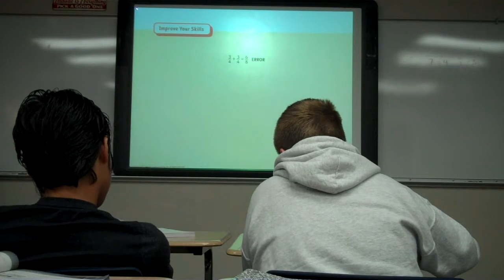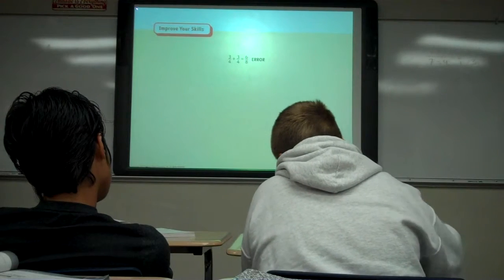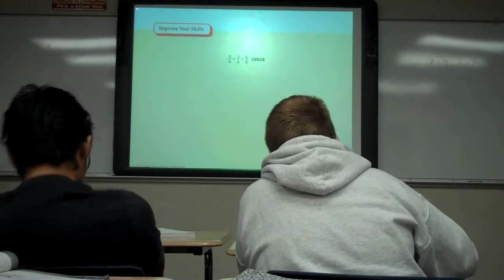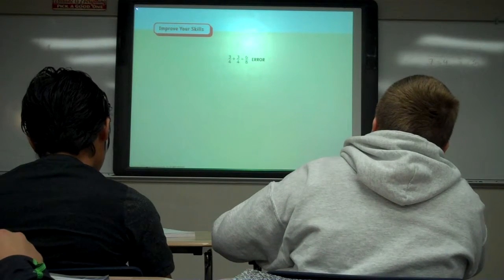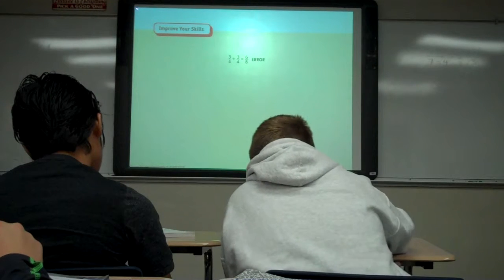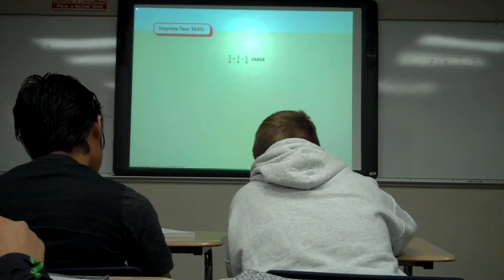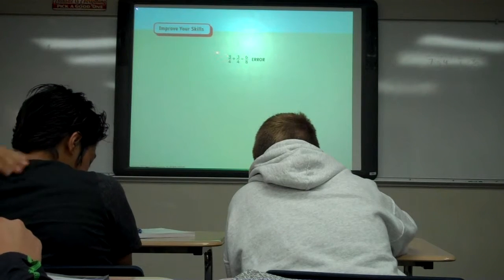How about this one right here? 3/4 plus 3/4 equals 6/8. Can somebody here find what they did wrong? Yeah, what part did they add that was the mistake? Do you add the tops?